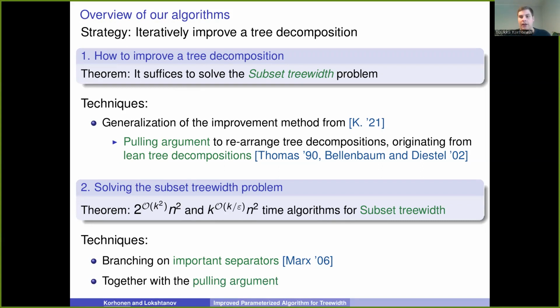And for arguing why we can actually do this, it is again an application of this pulling argument of rearranging tree decompositions, but this time in the context of the tree decomposition for this subset Treewidth instead of the normal Treewidth. Yeah, so this is the overview.